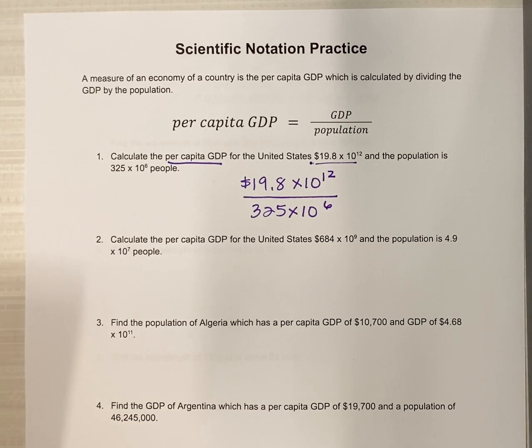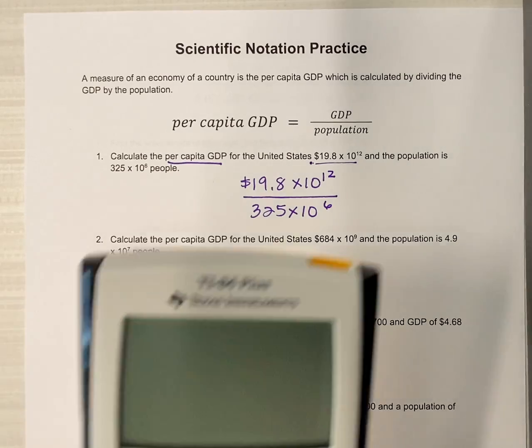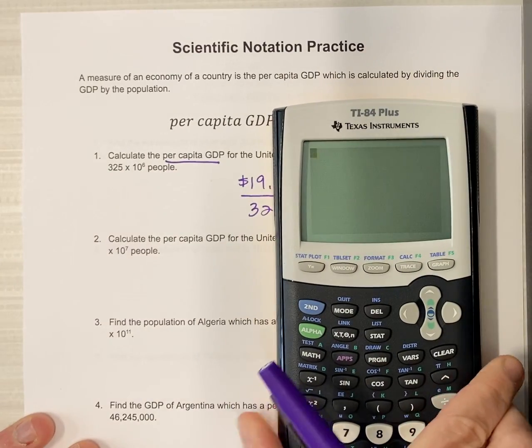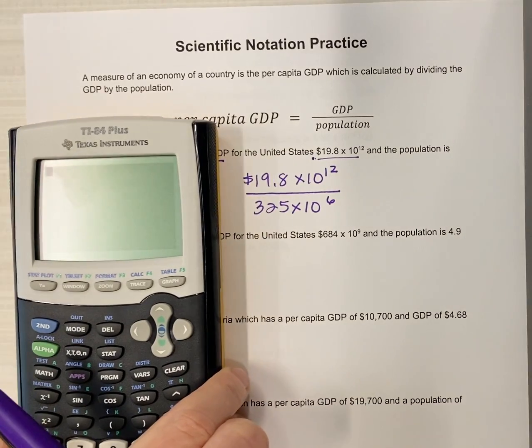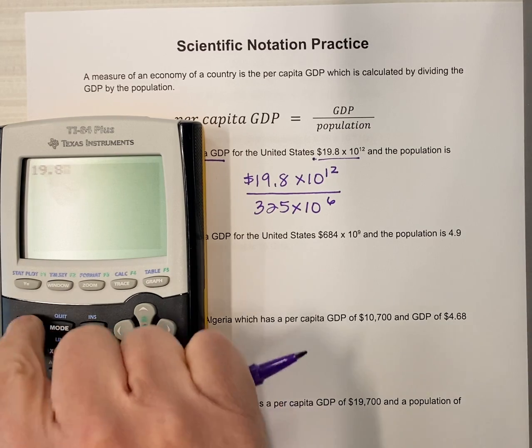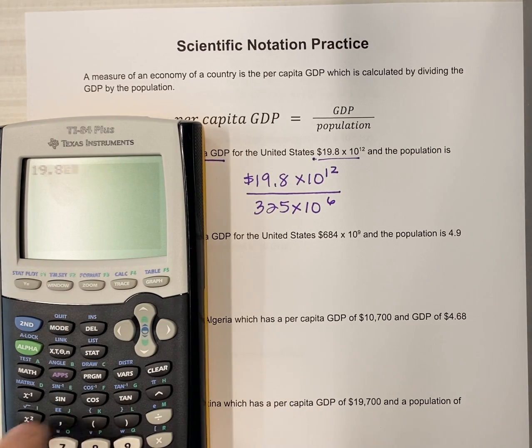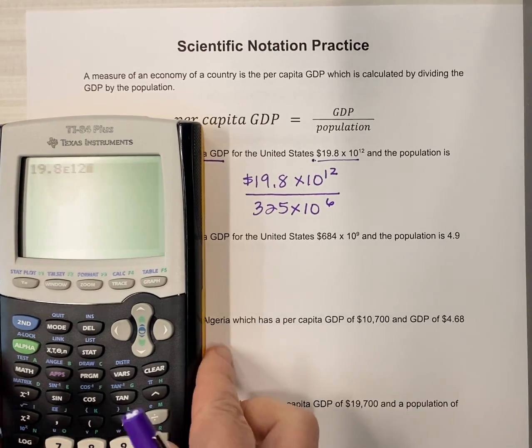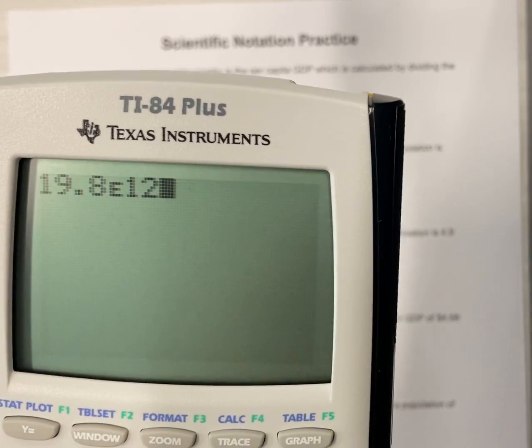Now, what I want to show you with the calculator here is how we are going to put this in our calculator. So in our calculator here, I'll move it a little bit there so you can see both, okay? I'm going to put 19.8 and I'm going to do second and then this comma, which gives this capital E. So you can probably see that E. 12, okay? And again, I'll move it closer so you can see that there.